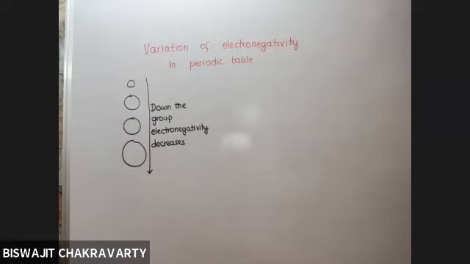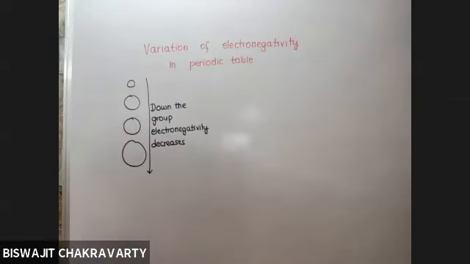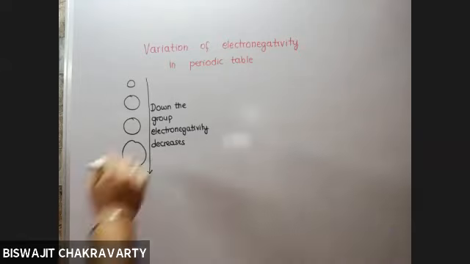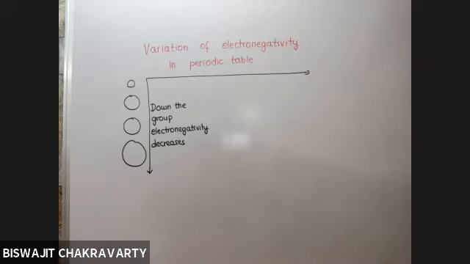Electronegativity, or tendency of attracting the electron, will decrease, because it has more boundary, and therefore the nuclear force of attraction experienced by the shared pair will decrease automatically, isn't it? Yes, sir. That is why fluorine, chlorine, bromine, iodine shows the trend that fluorine is highest and iodine is least.